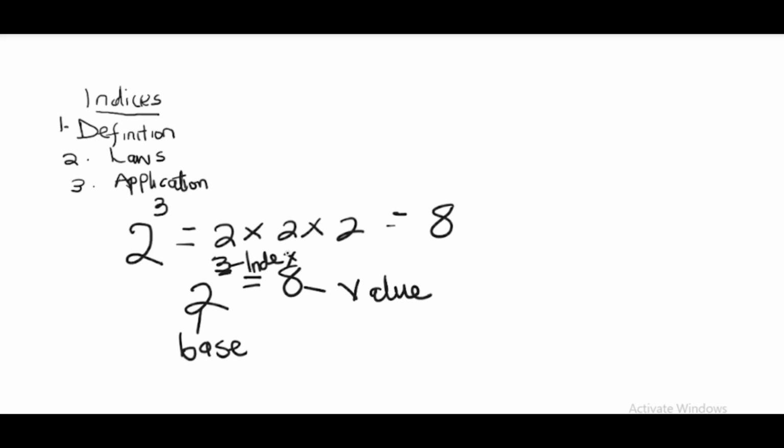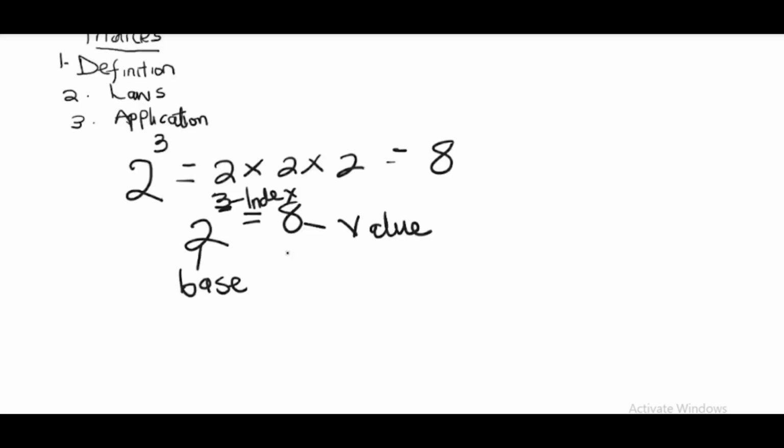So generally put, if I have x to the power of a is equal to y, it means indices, or the index a, is the number of times x should be multiplied to give us a value called y.